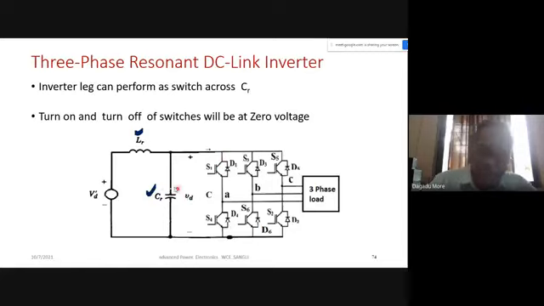When your voltage across the capacitor is zero, we can turn on and turn off the switch, so that we can get the required AC output voltage. So switches can be turned on and off at zero voltage, when the DC link voltage is zero. So any question?